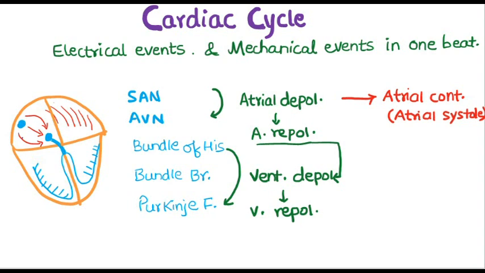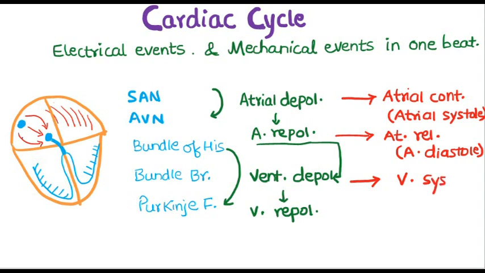Similarly, repolarization of the atria is followed by atrial relaxation, leading to atrial diastole. Again, ventricular depolarization is similarly followed by ventricular systole, and ventricular repolarization is followed by ventricular diastole.